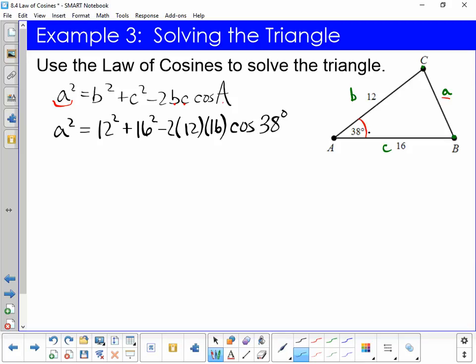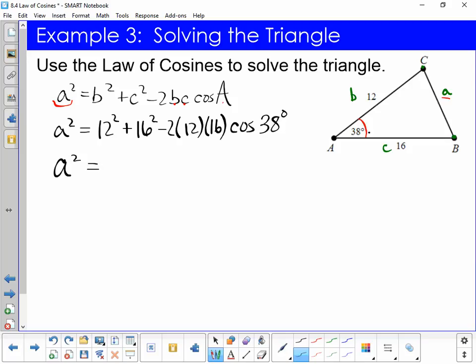Finding a side is when the law of cosines is fairly easy. Put in the information that you know and calculate it, and then you'll have to, of course, do that square root in a second. Minus 2 times 12 times 16 cosine 38.